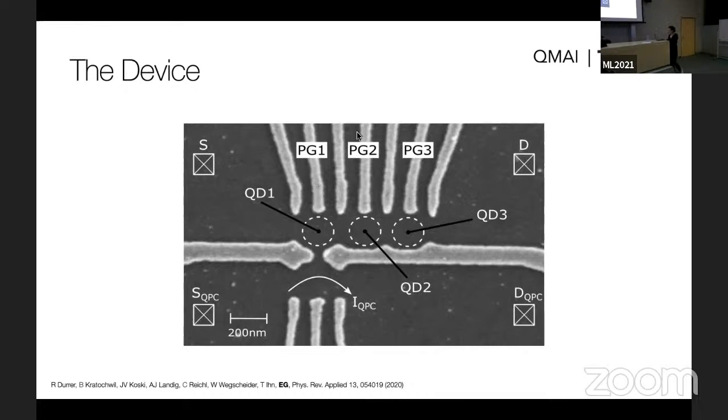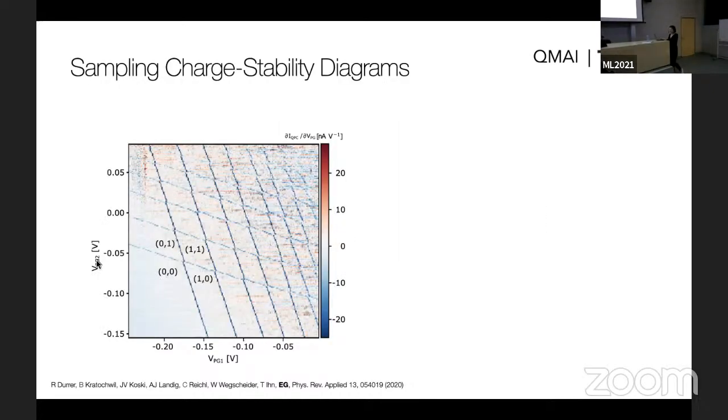So PG1 is here and PG2 is here, and we are looking at these two quantum dots. And don't worry so much about these names of the gates. Just think about it: this is a plot with two gates, and on one axis is the voltage on gate 1, and on the second axis is the voltage on gate 2, and color is the derivative of the current.